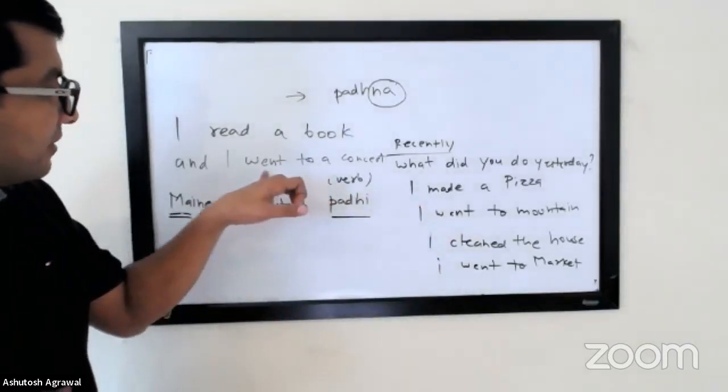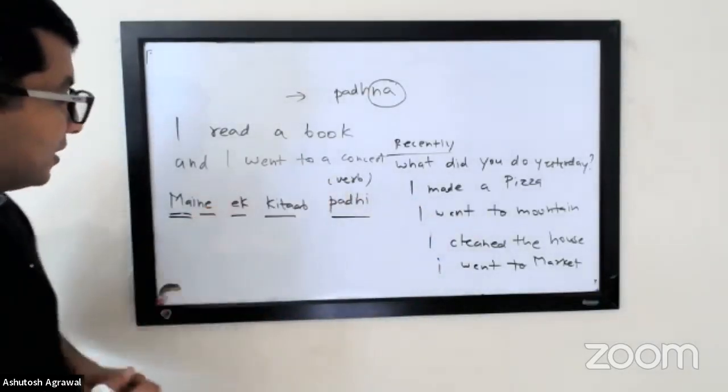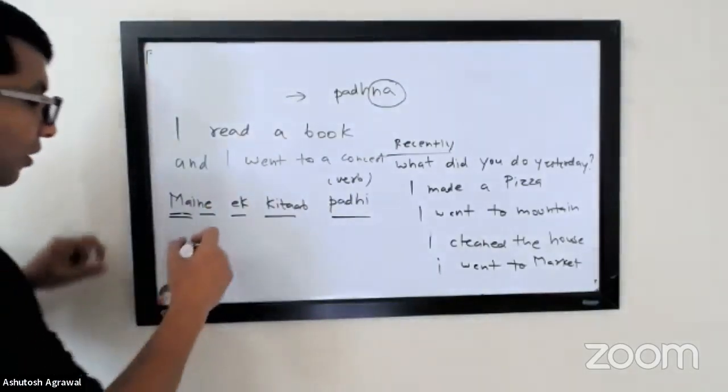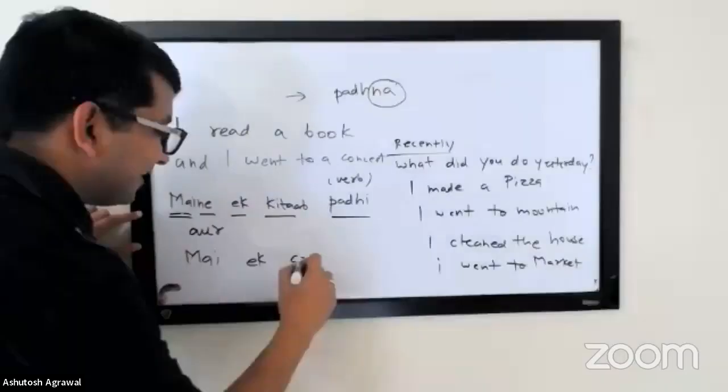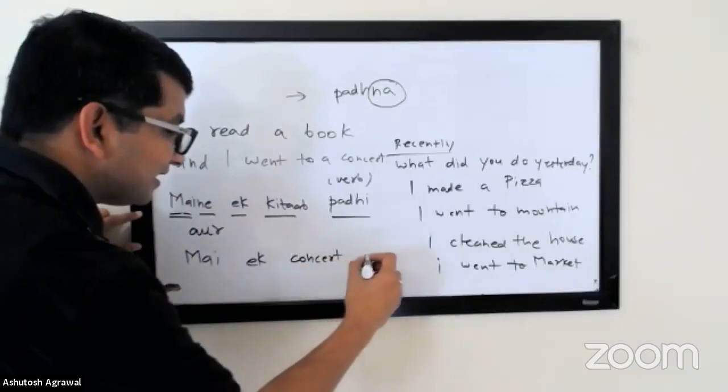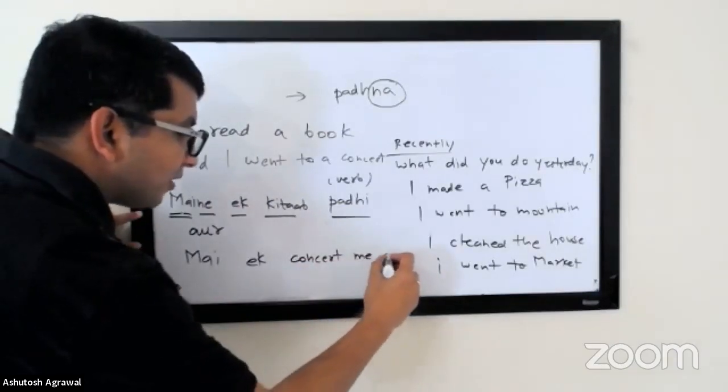After that, you said, I went to a concert. मैंने एक किताब पढ़ी और मैं concert से गई. मैं एक concert, let me put मैं also, मैं concert में गई. Okay, right?